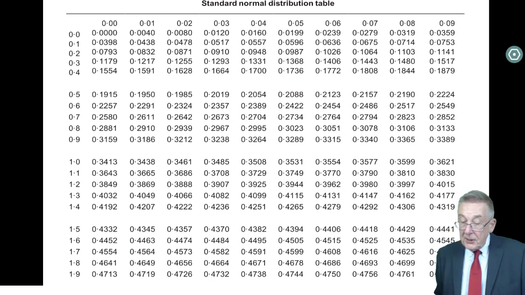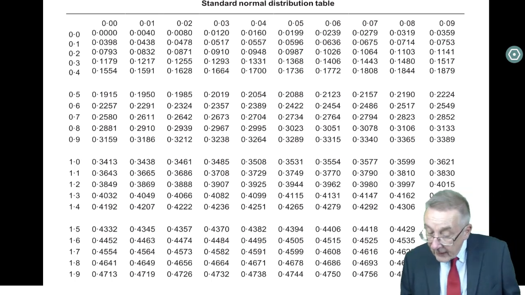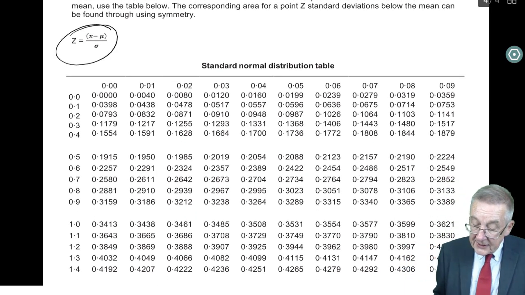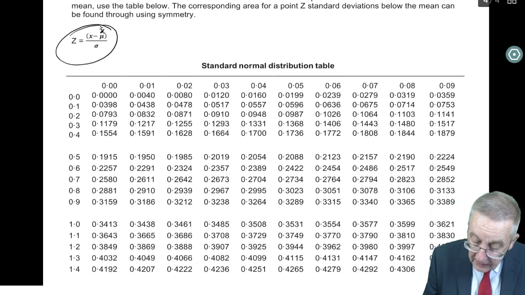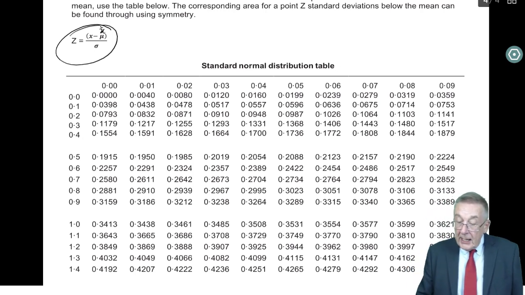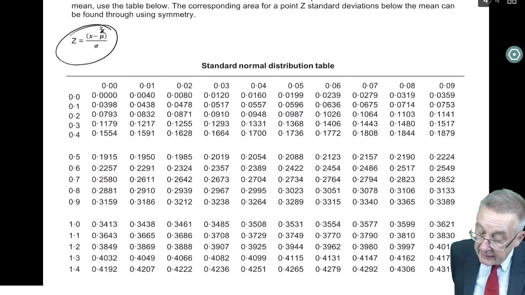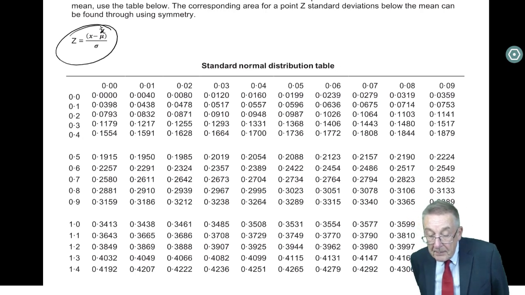These are the tables you get given in the exam. And these tables tell you, they write it as x minus mu, which is another symbol for x bar, but that doesn't matter. To find the area under the curve between the mean and a point z standard deviations above the mean, use the table below.